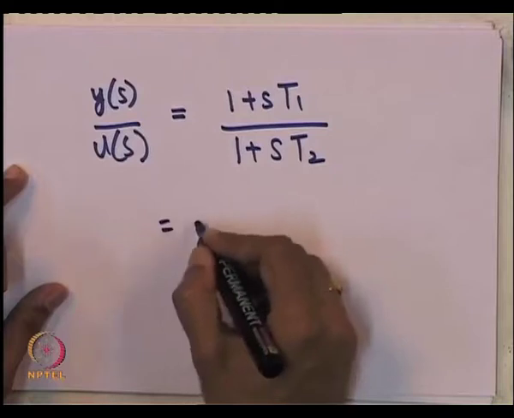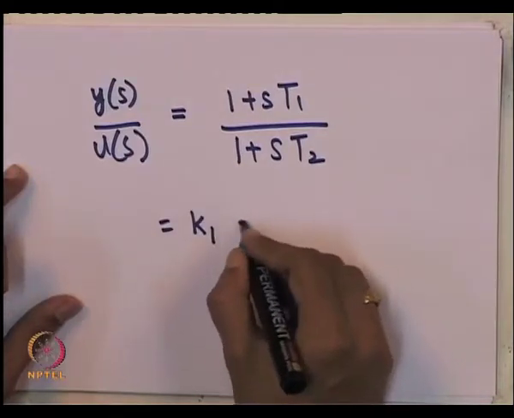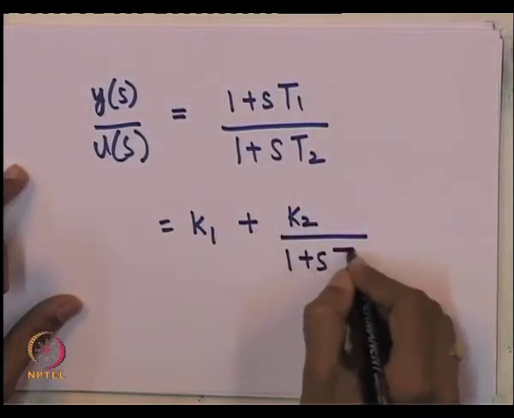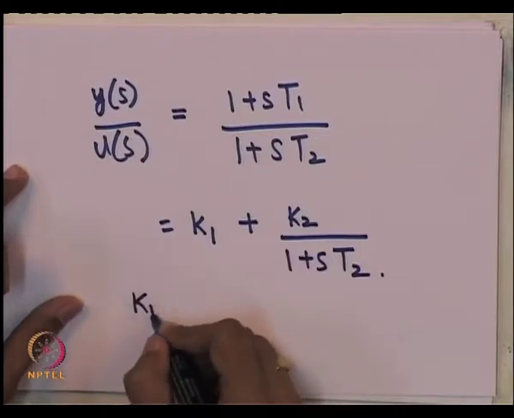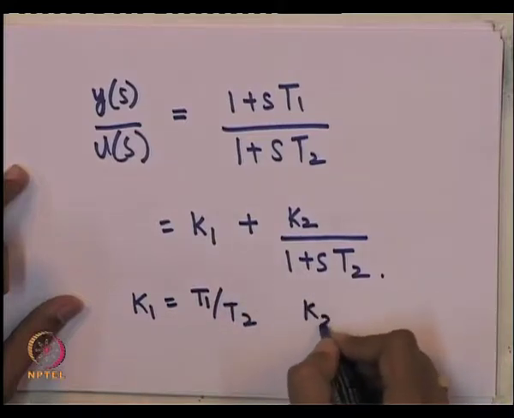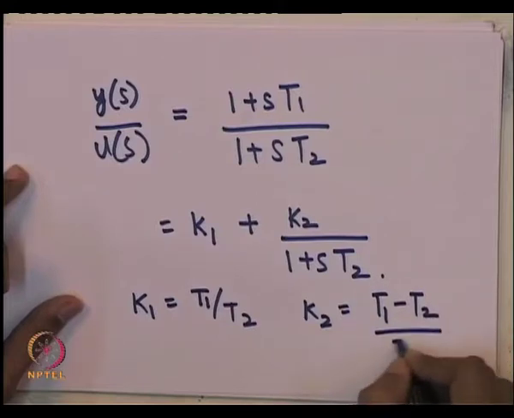You can represent this as K1 plus K2 upon 1 plus sT2, and you can easily verify that K1 is nothing but T1 by T2 and K2 is nothing but (T1 minus T2) by T2.